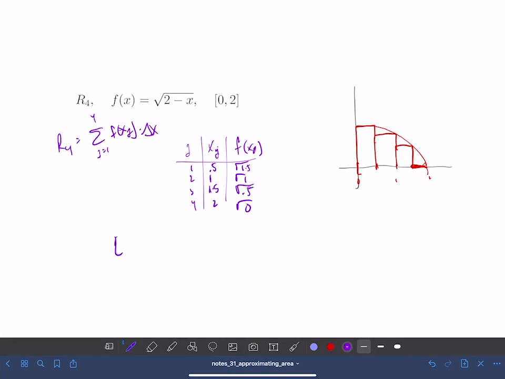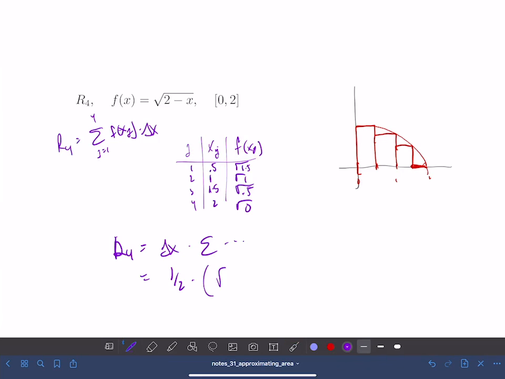So R sub 4 is equal to delta x times the sum of my stuff, which is equal to half times, I'm going to add up now these values that I found in this table.